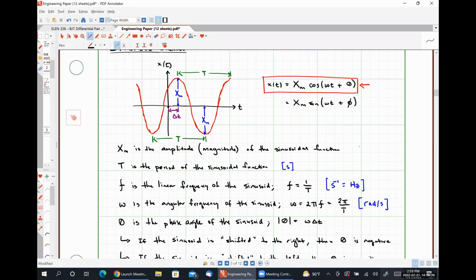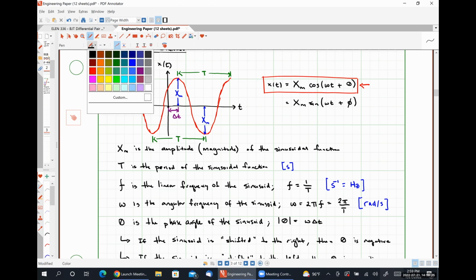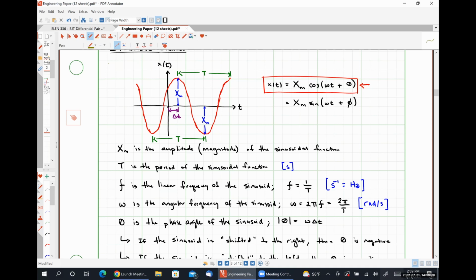So based on this graph that I've drawn, I could say, purely by inspection, that theta must be a negative phase angle, whereas phi must be a positive phase angle, because I would expect my peak value of my cosine function to occur at t equals 0, but instead it occurs at what I've indicated as delta t.